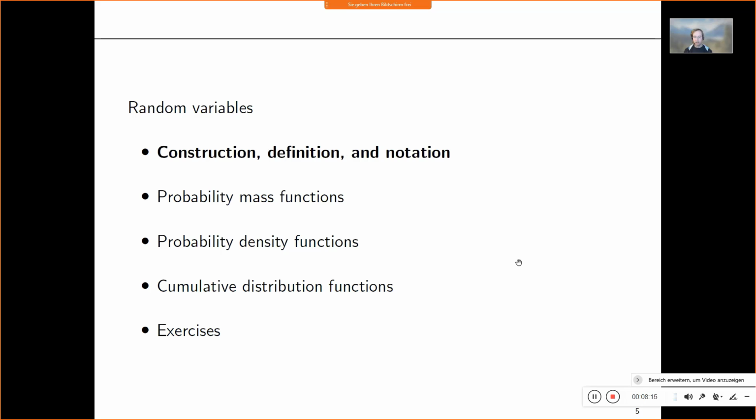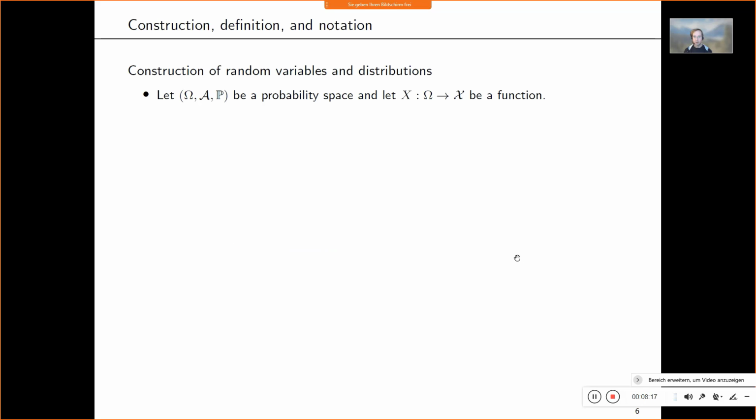So: construction, definition, and notation. To construct a random variable and to give a definition, we start again where we started last time. We assume that we have a probability space with outcome space Omega, sigma algebra calligraphic A, and a probability measure as defined last week.